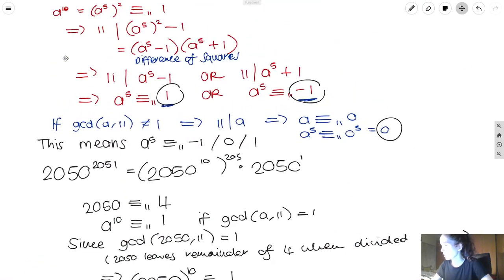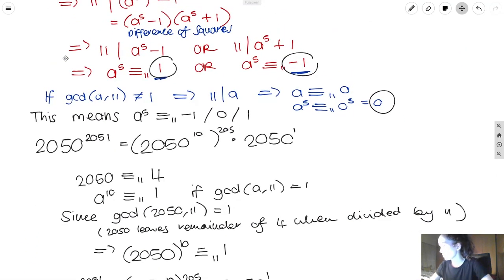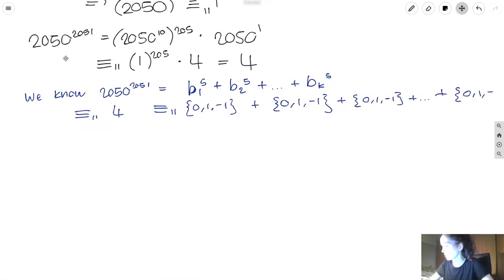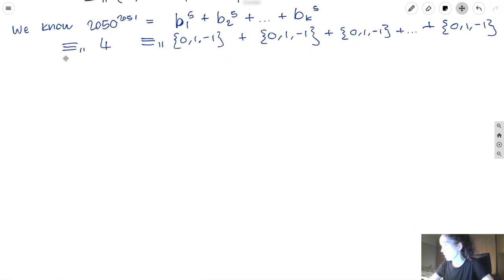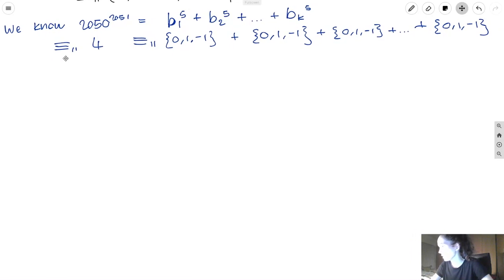So the remainder is going to be minus 1, 0, or 1. So now these b to the power of 5 are going to be either 0, 1, or minus 1, and these have to add up to 4.